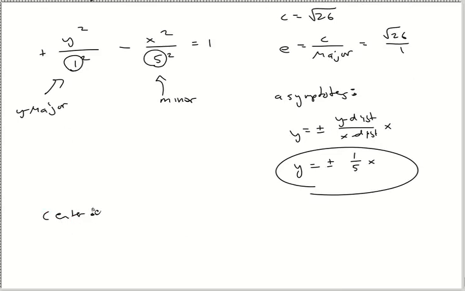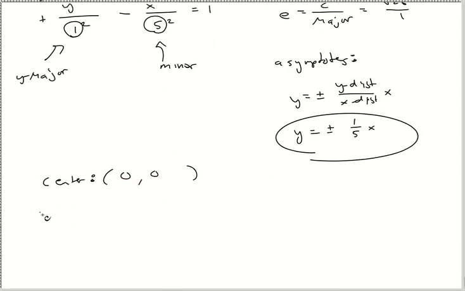Center. Again, they might not ask for it yet, but still important to do. Notice that I'm going to leave a little gap here because I've got a y major. So I'm going to be changing this guy over here on this side. Vertices, remember this always is dependent on your major. Okay, so we got a 0, 0, and then some stuff. Well, plus or minus 1, because it's my major distance.